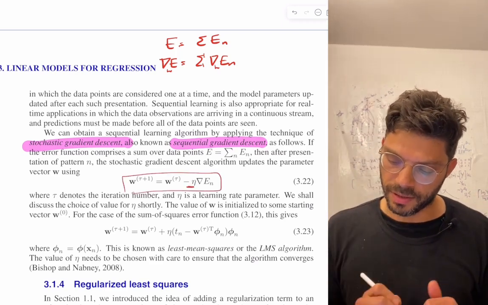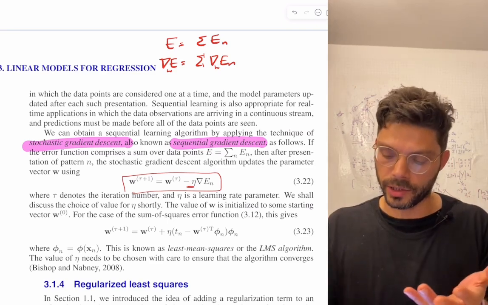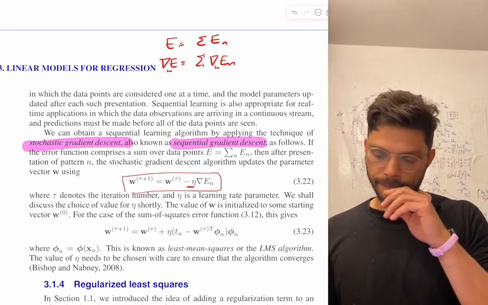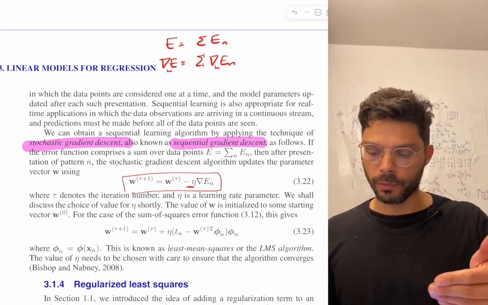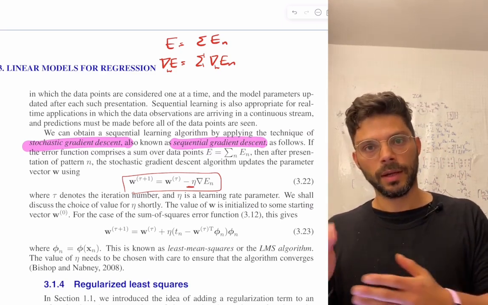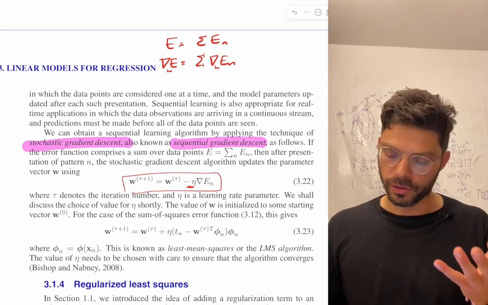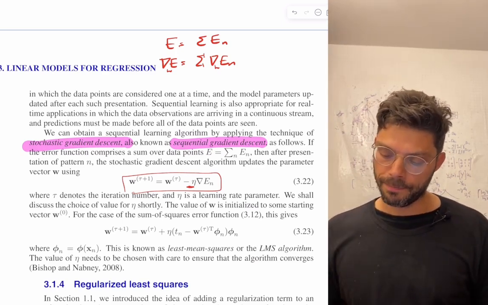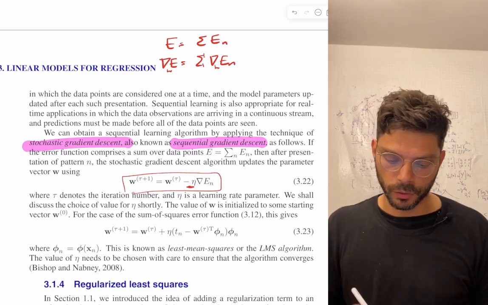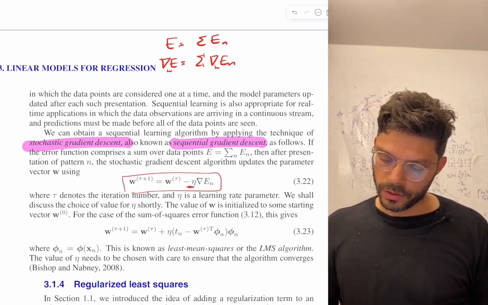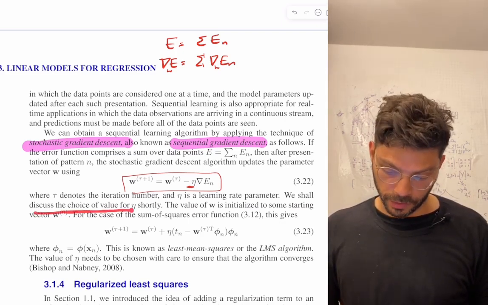So there's going to be some learning rate, and it's important to set the learning rate properly. Remember, we talked about the Robbins-Monro algorithm, which in that case boiled down to having a good schedule for how to set this learning rate. So it's important to do that properly, but if you do, you can converge to the solution. We shall discuss the choice of value for eta shortly.